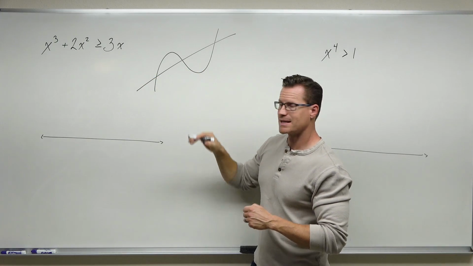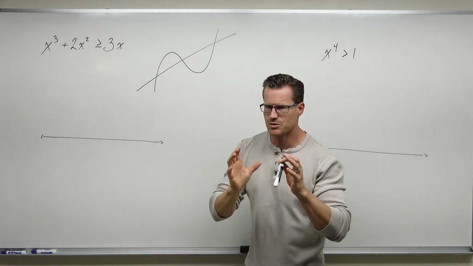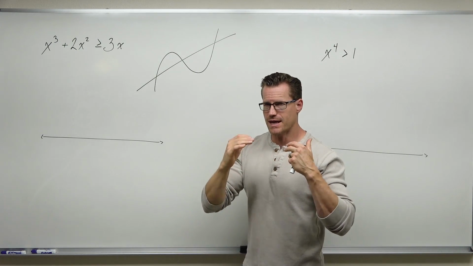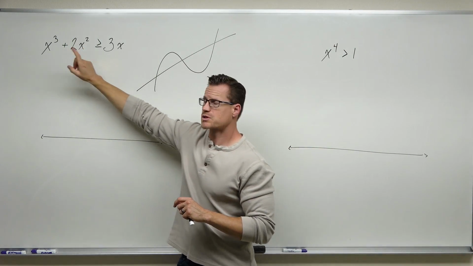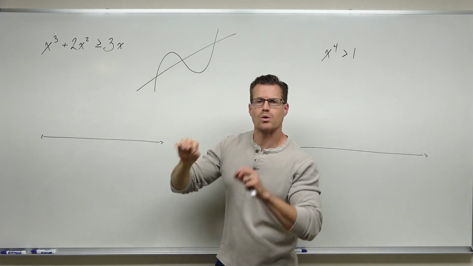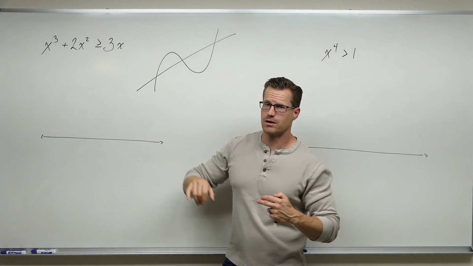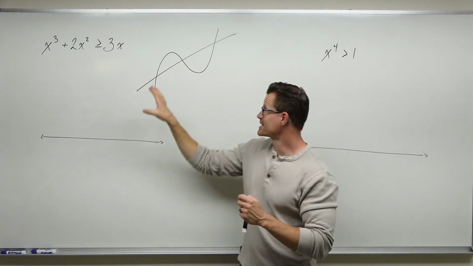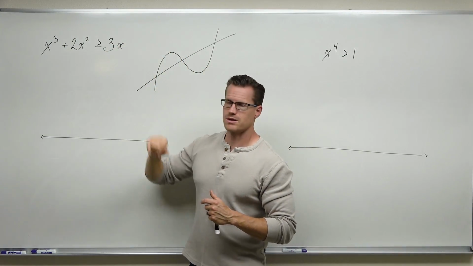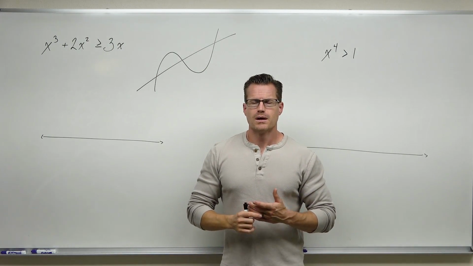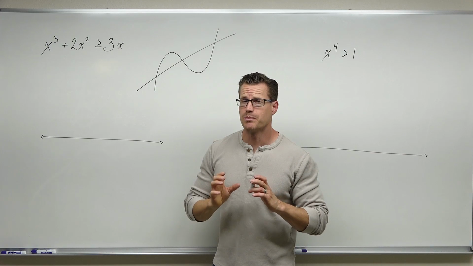And according to the x-axis, it's asking on what portion of the x-axis are the inputs making these outputs more than these outputs or equal to it, where they intersect or where this cubic is above that linear. That's what it's looking like. This is a picture of that, but this is very hard to do the way that it's written. We'd have to do a lot of other things that are much harder than doing a very simple manipulation.